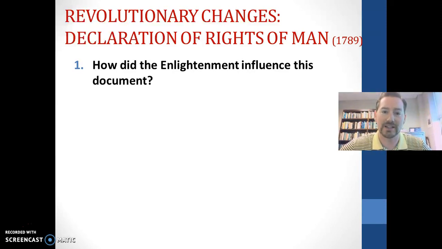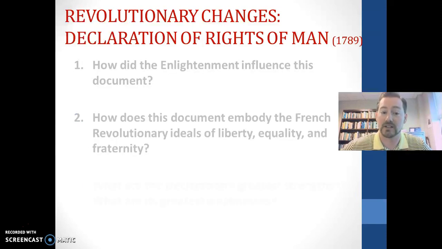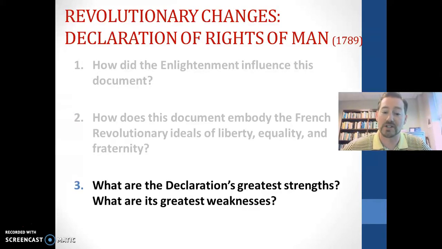Where do you see the Enlightenment influence on this document? How does this document embody these French revolutionary ideas of liberty, equality, and fraternity? And what are its greatest strengths? And what are its greatest weaknesses? Those are just some of the things that you can consider thinking about and discussing online amongst your teammates.